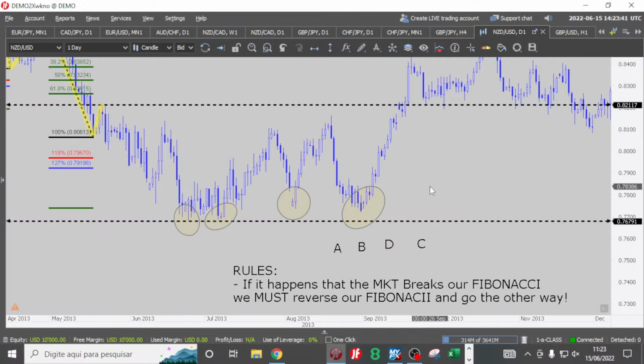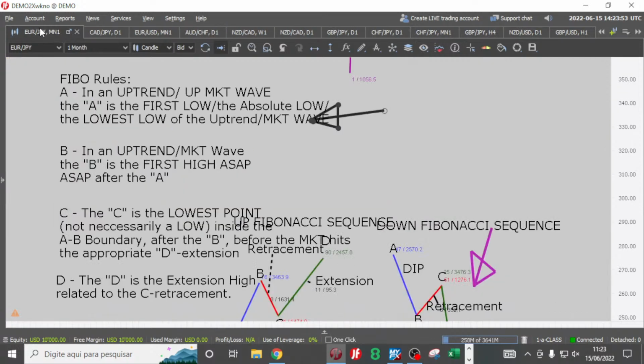Olufemi, fourth circle. Olufemi, if you are starting your A in here and the rule is stating that your A in an uptrend must be the first low or the absolute low or the lowest low.